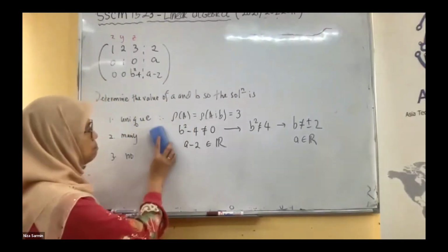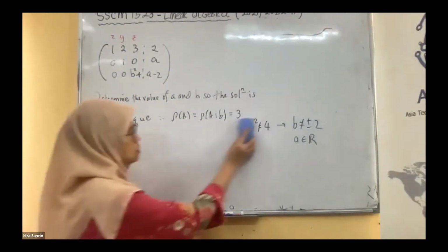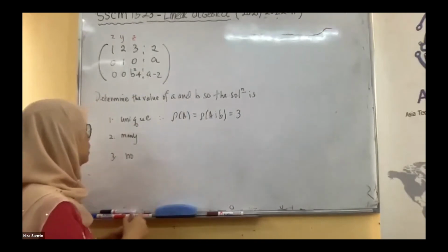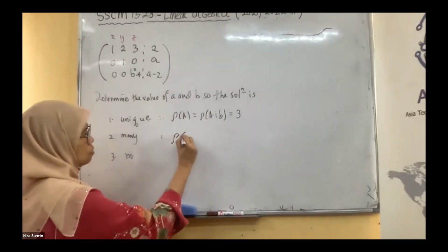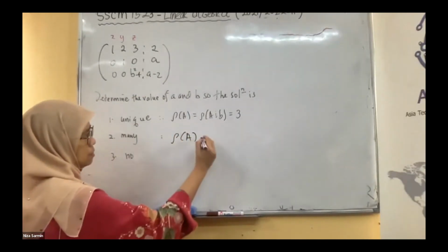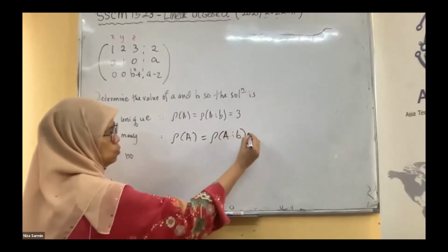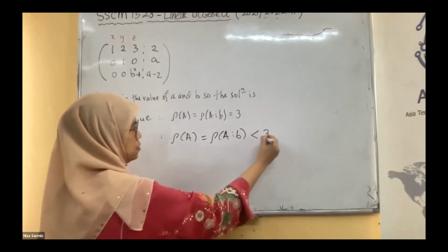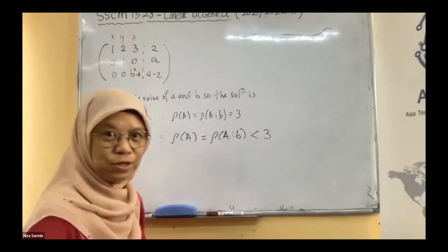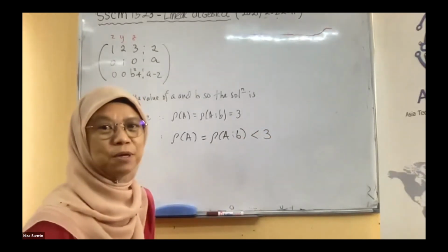Okay. So for the many-solutions case, it's very similar. The rank of A is equal to the rank of the augmented matrix, but we want it to be less than 3. Is it possible?